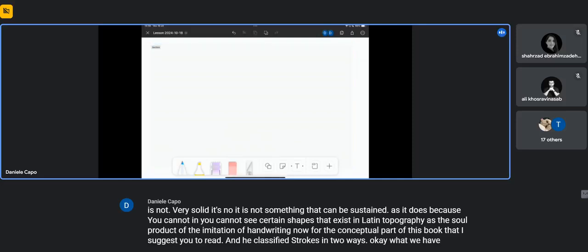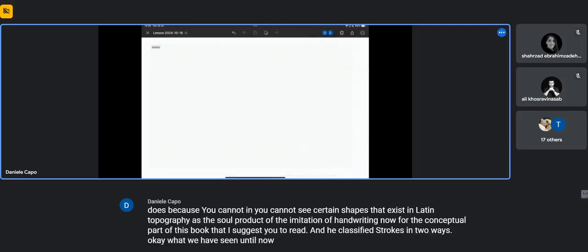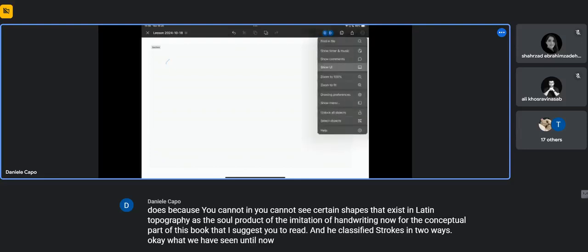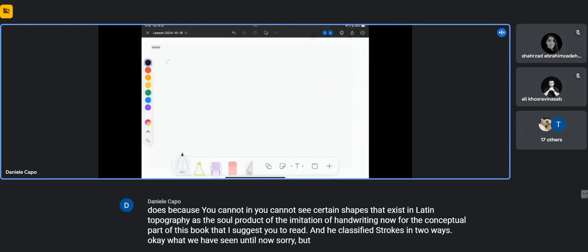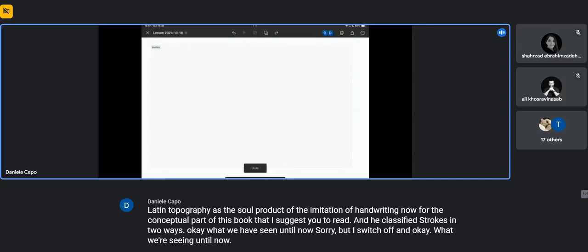What we have seen until now is this idea of a tracing tool that can be the pen or the brush.